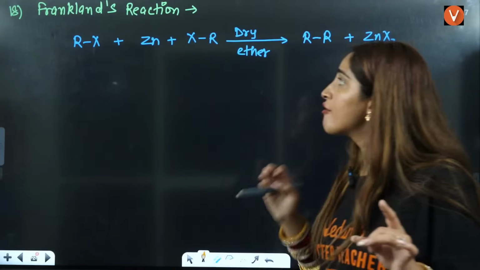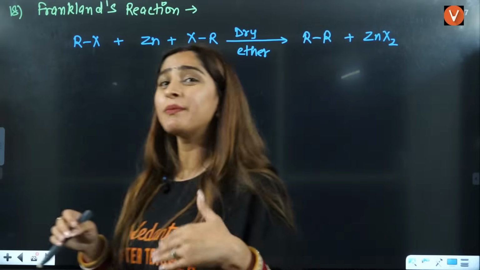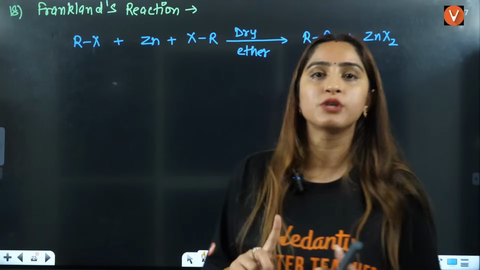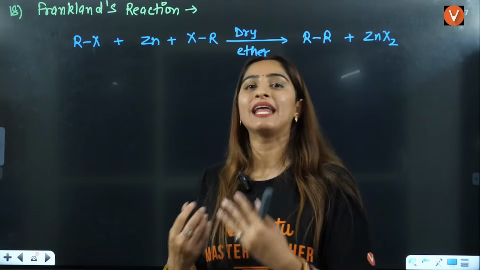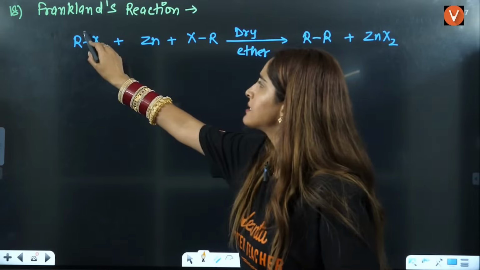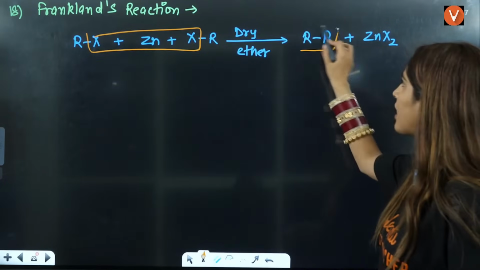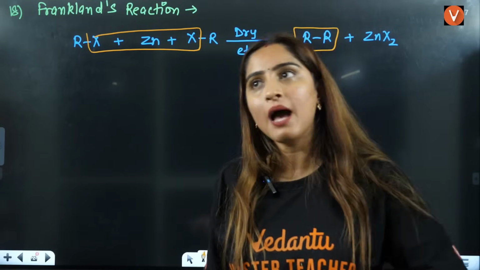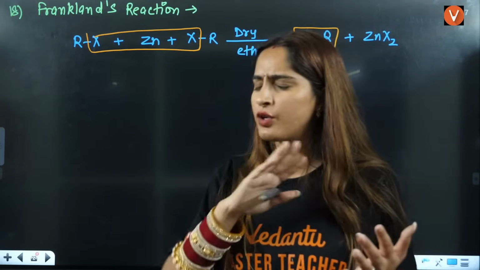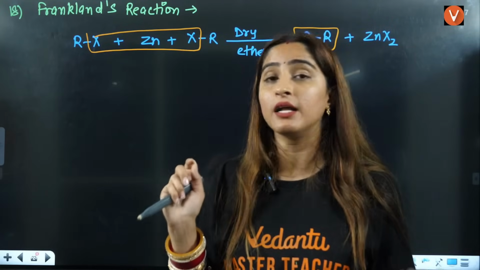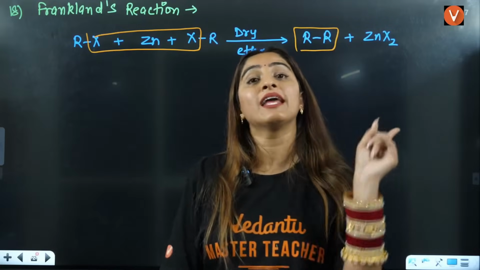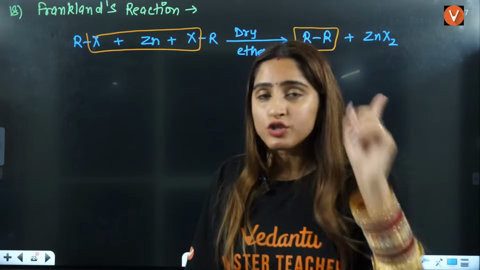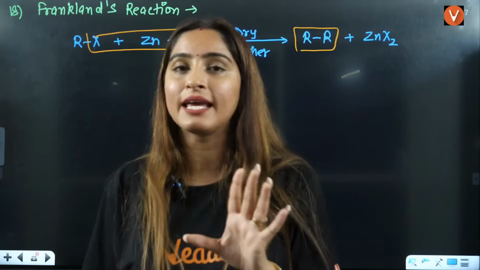Next is Frankland reaction. You remember we did Wurtz reaction, right? So similarly we have Frankland and Corey-House synthesis. In Frankland, we take zinc here. Same thing will happen. You will have the formation of R-R. But in Wurtz also you were getting only symmetrical alkanes, right?